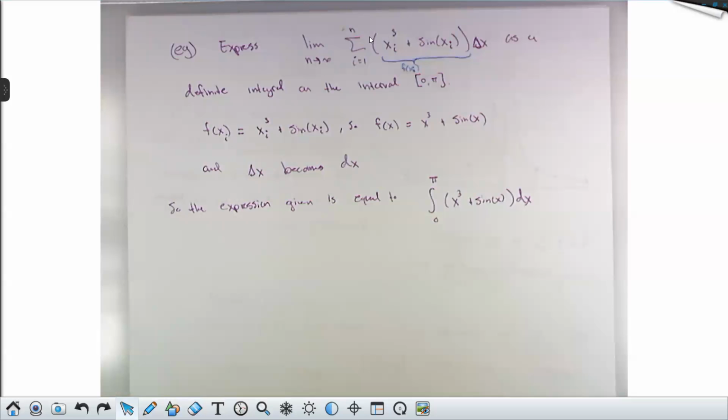It's the sum from i equals 1 to n of f of xi times delta x. So this thing is your function with x replaced by xi. So your function must just be x cubed plus sine x. In other words, this thing tells you the area under this function from x equals 0 to x equals pi. And again, computing this is tricky. We're not going to worry about computing it right now. We're just worrying about understanding the notation. Are there any questions about where this came from?